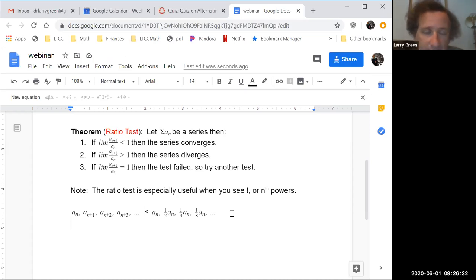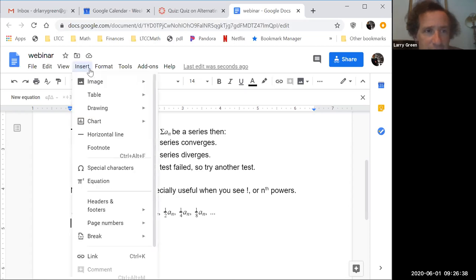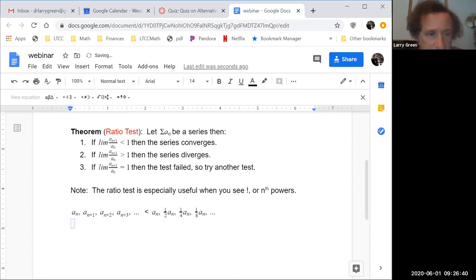All right, so what happens now if I take the sum? So now what we can do is we can take the sum of a sub n, and we can say that that is going to be less than the sum.